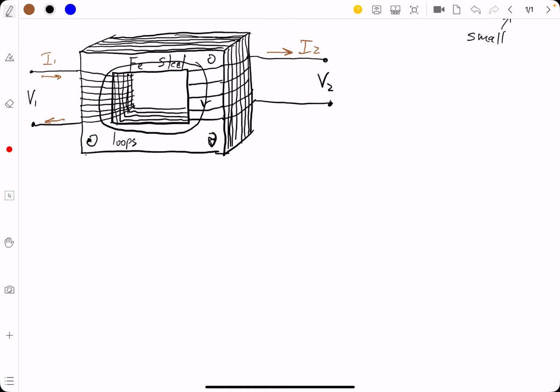So you want the eddy to go all the way around, and you also don't want the eddy to get squirrely and go sideways like this. So like this through. That's why you cut it into sheets, and you don't allow current to flow. You've got insulators in between the sheets that doesn't allow current to flow. So you get a very good current flow through your transformer. Okay, so Faraday's law of induction.